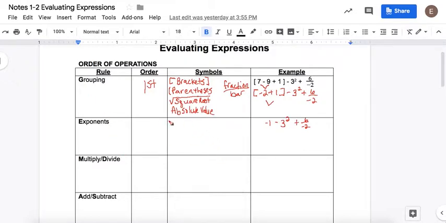Okay, now our second step, after we take care of all the grouping, is exponents. So here's an example of the symbol. We have y to the x, and we're going to label the y as the base. And the x would represent the exponent.